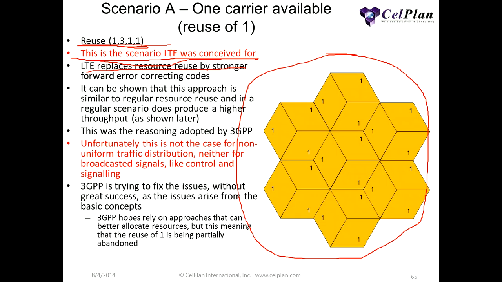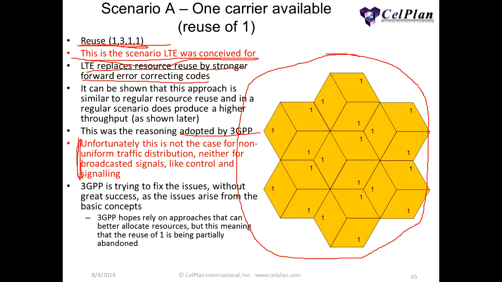Basically, LTE replaces resource reuse by stronger forward error correction codes, basically by repetition of the data and the error correction code. Okay, so we will show later that this is very similar to regular reuse, sometimes even more efficient. And this was what was adopted by 3GPP.